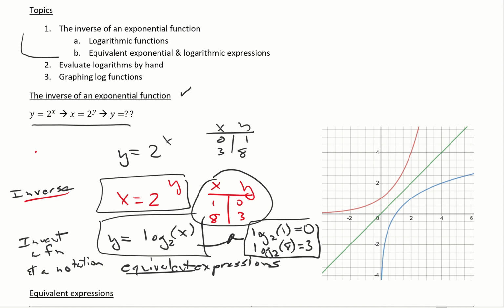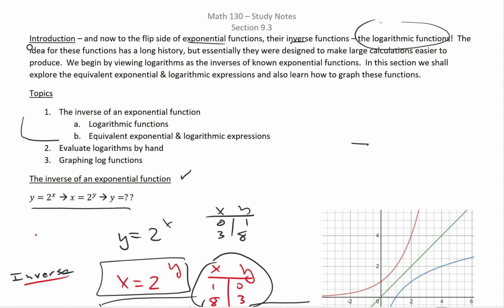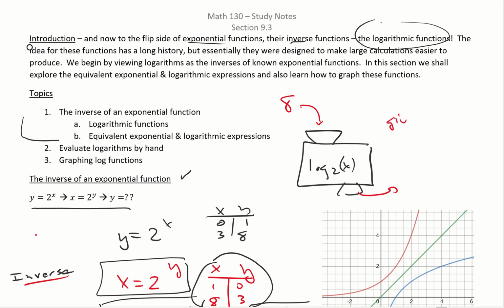What you can think of a logarithm function is the following. Let's play around with log base 2 of x. What you're doing is you're taking a number, whatever number you want, you plunk it in, and what it gives you is the power of 2 that is equal to the input number.